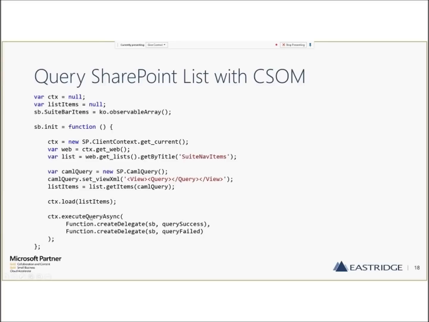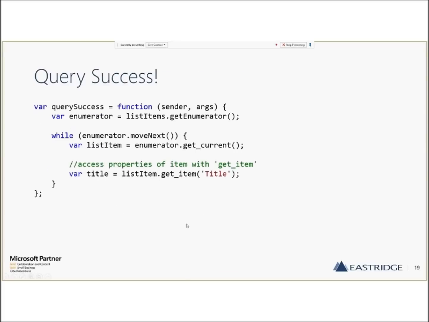And then we have two outcomes, either success or failure. These are callback functions that are going to be defined elsewhere. So hopefully we get a success. Hopefully querySuccess is executed. And here's that querySuccess definition. In this case, this is the boilerplate for what you might do in querySuccess. We're going to get an enumerator from that listItems collection. We're going to walk the enumerator with moveNext.